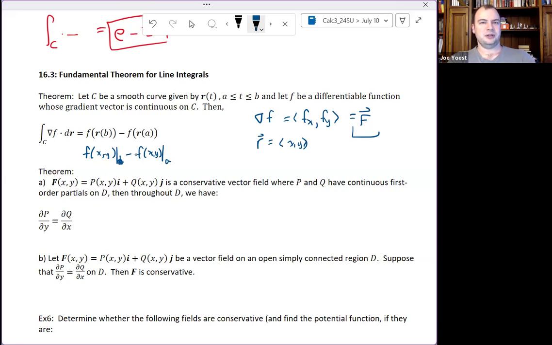I think we can see the clear analog to just our basic fundamental theorem of calculus, right? That if we're integrating a derivative, we can just take the difference of the values at the endpoints.